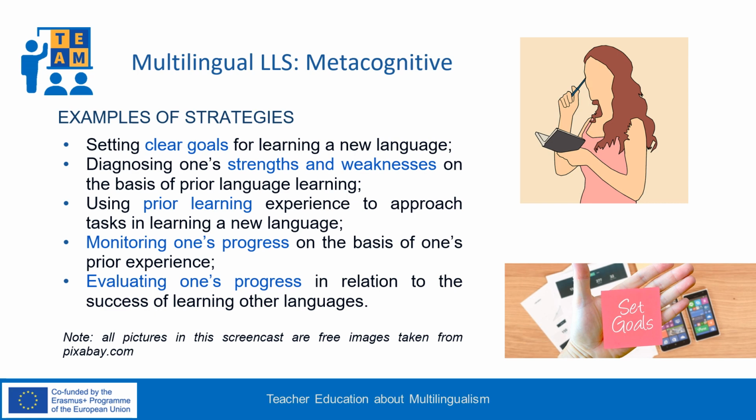Other strategies in this group are using prior learning experience to approach tasks, various tasks such as remembering new vocabulary, in learning a new language, monitoring one's progress on the basis of one's prior experience, for example, checking whether we are progressing at the right pace, whether our progress is stable and systematic, evaluating one's progress in relation to the success of learning other languages. So, for example, how did I do before? What can I improve this time? Am I progressing faster or slower, and why?